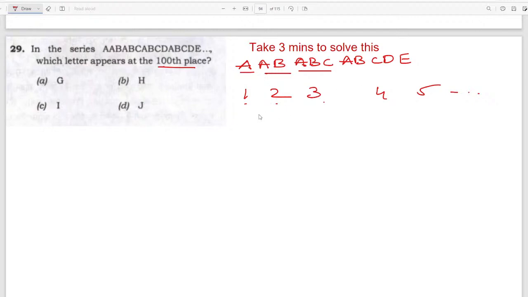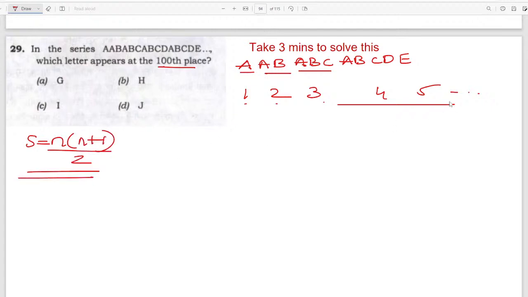So to calculate the 100th letter, we have to calculate the sum of n terms. The formula for the sum of n terms is n into n plus 1 by 2.